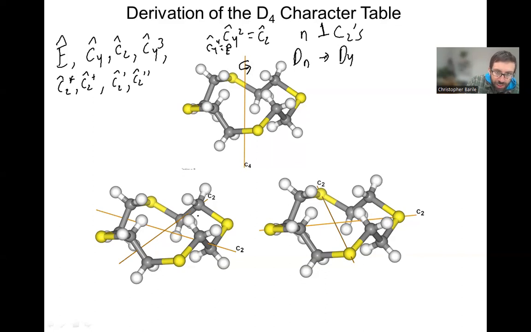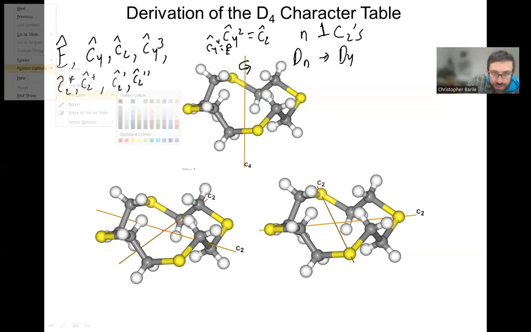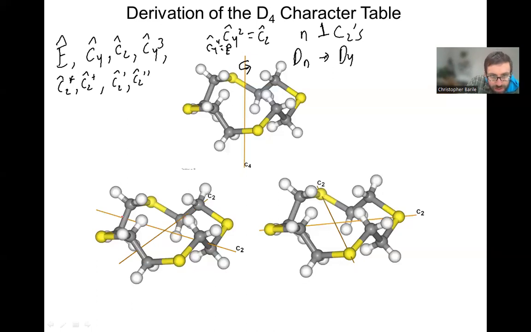And so that's our next step, to group these into classes. Since we're talking about the perpendicular C2s, let's start there. You can see that these 2 perpendicular C2s are cutting through bonds. And these 2 perpendicular C2s are cutting through the sulfur atoms.